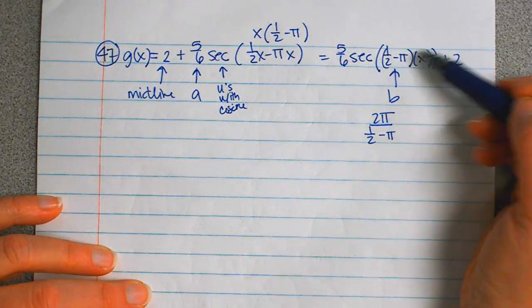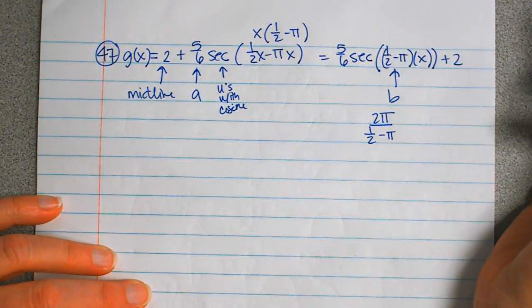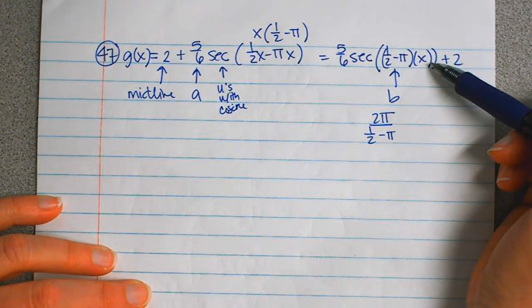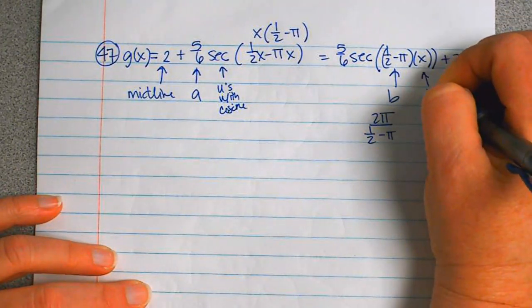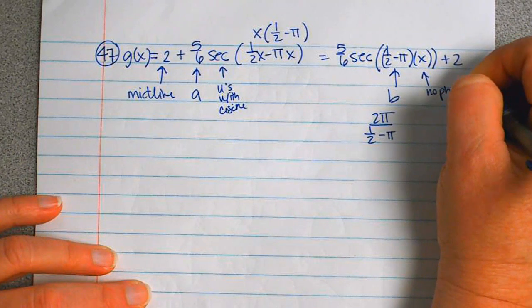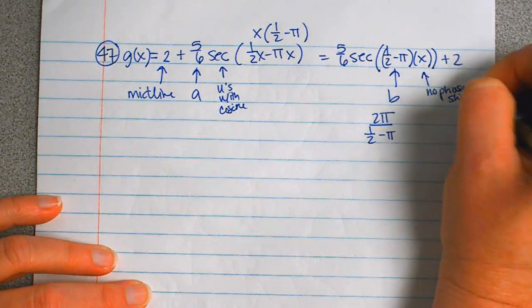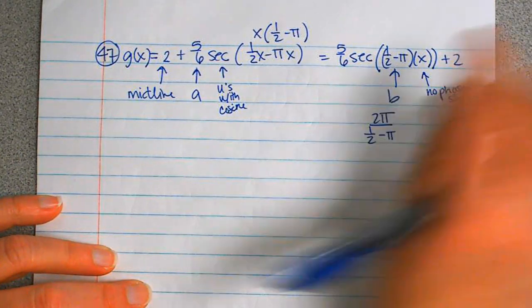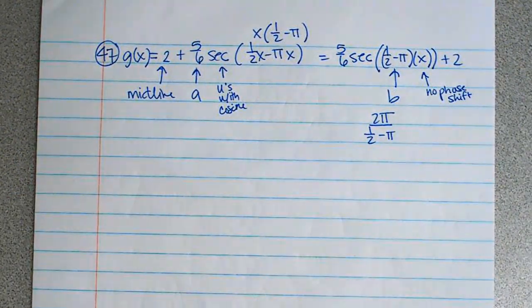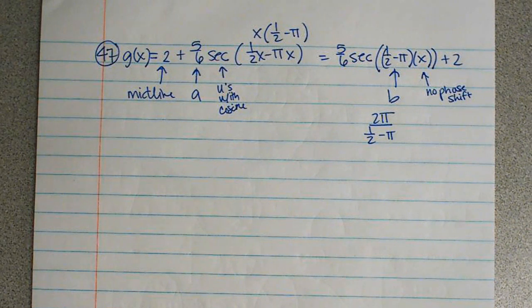When we write b in front of x, like that's what we have, we don't have plus or minus x. There's no phase shift here. I got -2 pi. I just put a question mark. So -2 pi? Well, 2 pi with secant is the same period. Does that make sense? Okay, yeah.